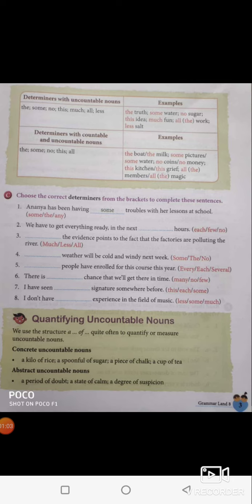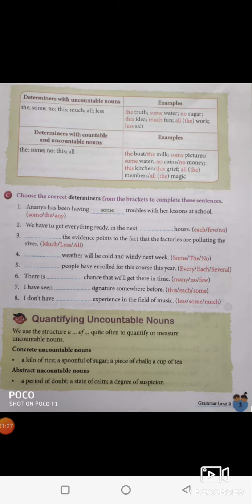Quite often, to quantify or measure uncountable nouns, even though they are uncountable, like a cup of coffee, coffee alone cannot be a countable noun. When you say a cup of coffee, then it can be counted, 2 cups, 3 cups, like that.